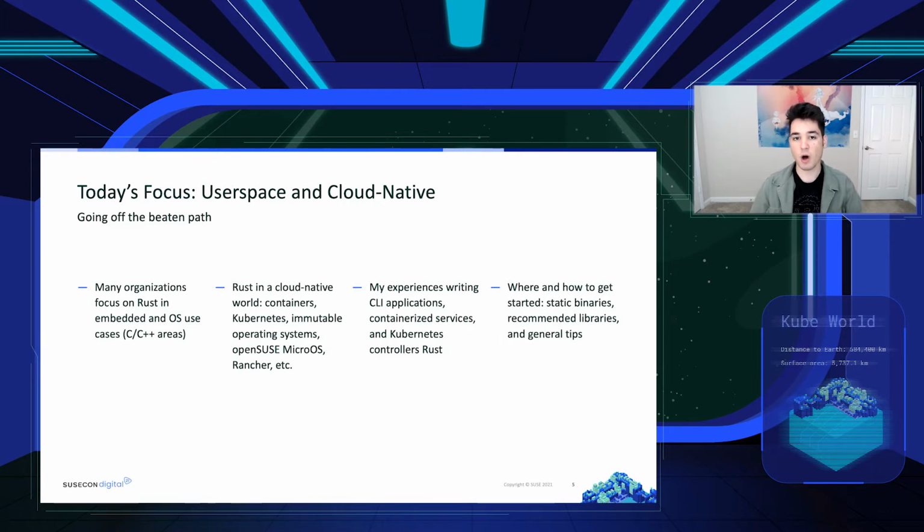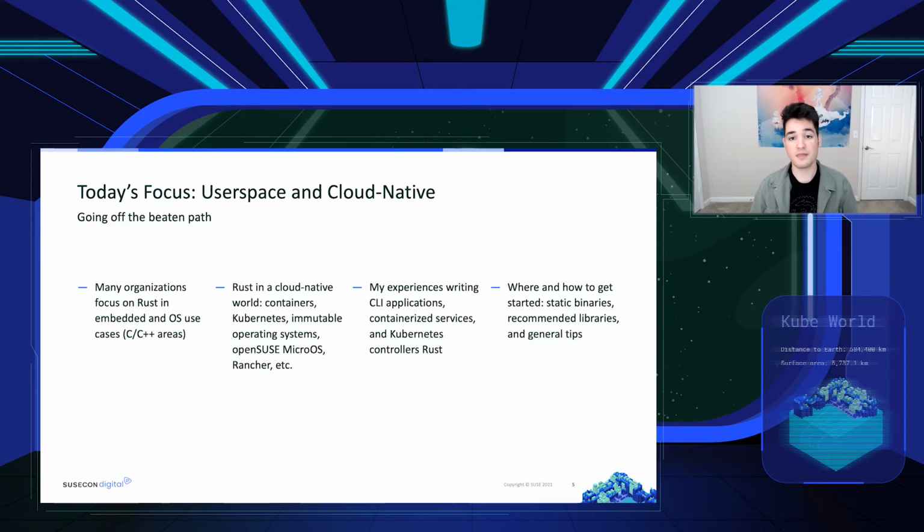But we're going to see why that's the case and explore why use Rust in Userspace for cloud native applications as well. And those use cases involve technologies like containers, Kubernetes, immutable operating systems, and things that SUSE does, like openSUSE MicroOS and Rancher.